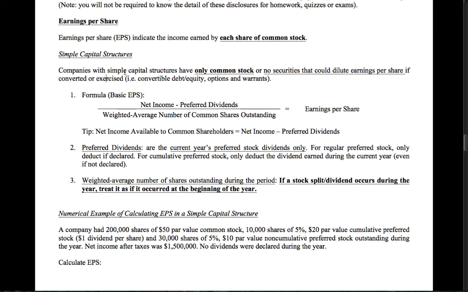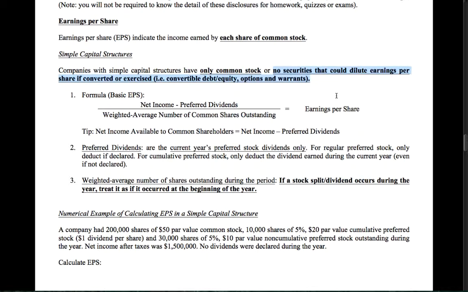Under simple capital structures, companies have only common stock or they could have preferred stock, but the preferred stock has to be basic preferred stock. It cannot have any convertible features to it whatsoever. But the key point to note in simple capital structures is that they have no securities that could dilute earnings per share if converted or exercised.